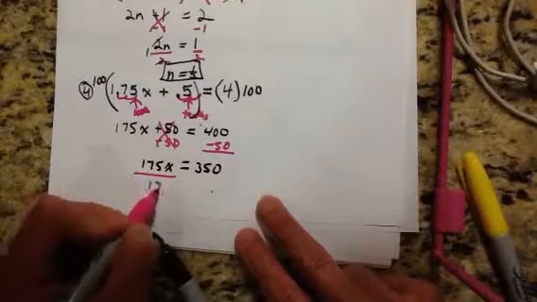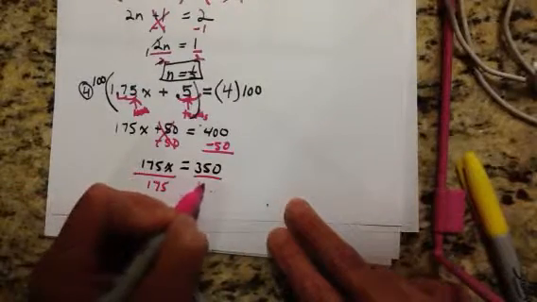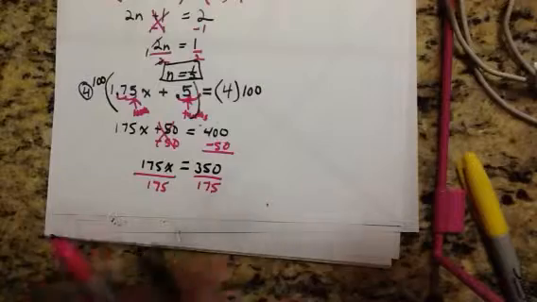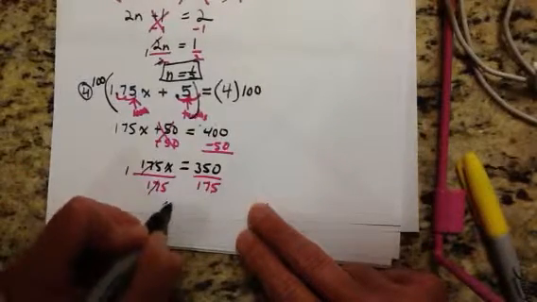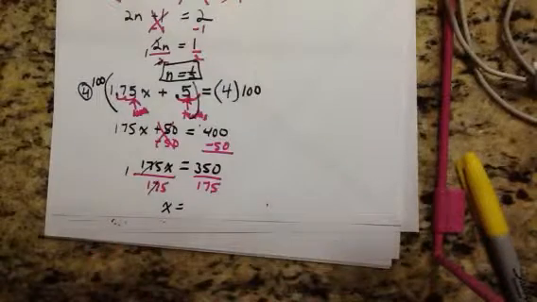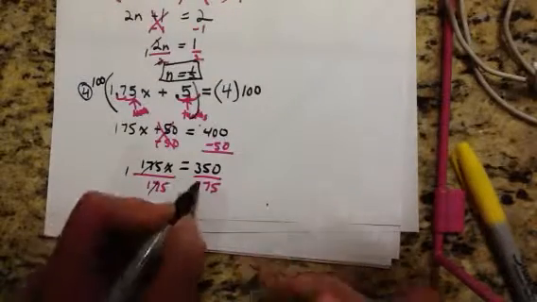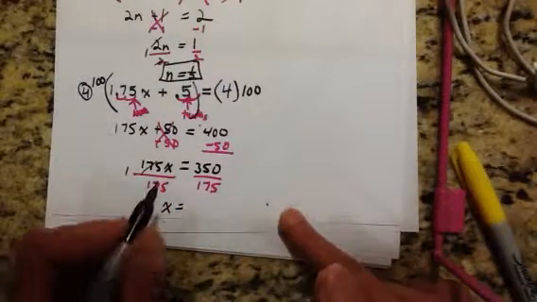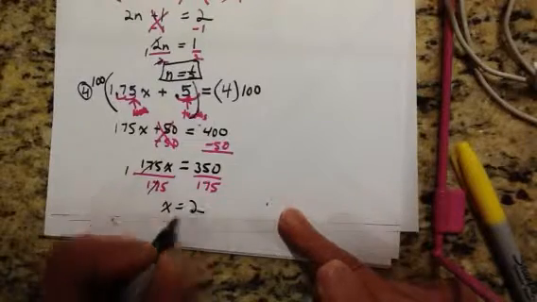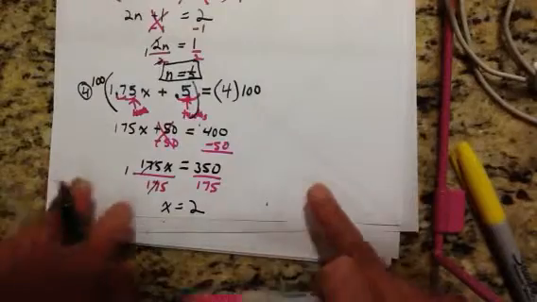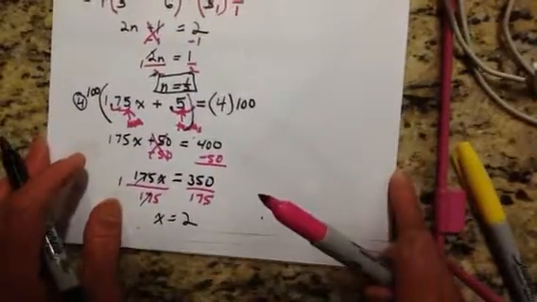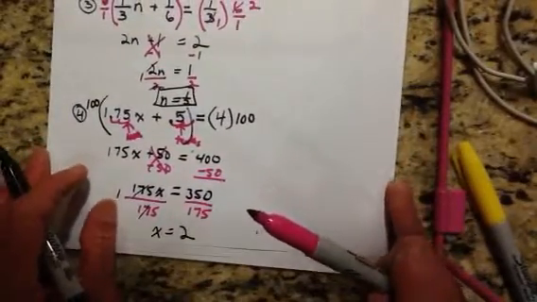Divide this side by 175, divide this side by 175. These cancel, they become 1 times x, leaves x alone. And 350 divided by 175 is 2. X equals 2.